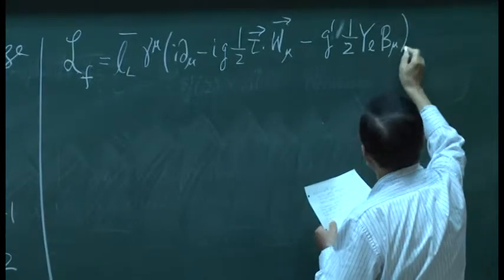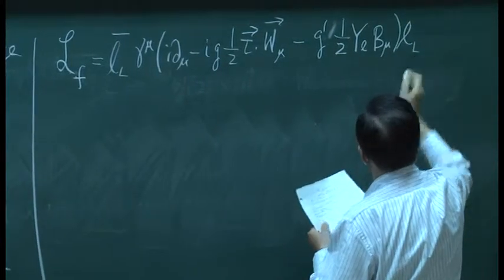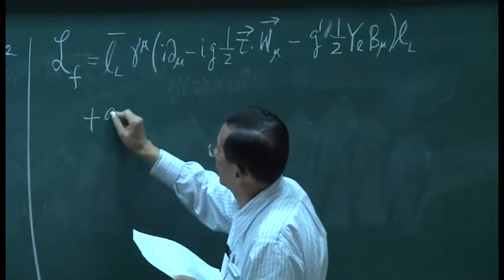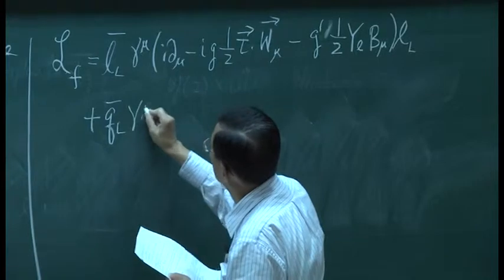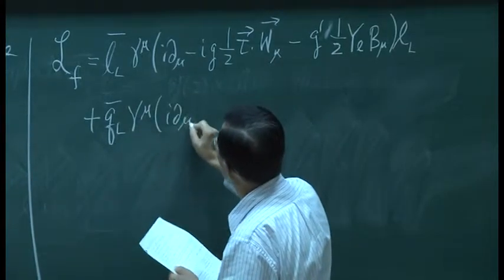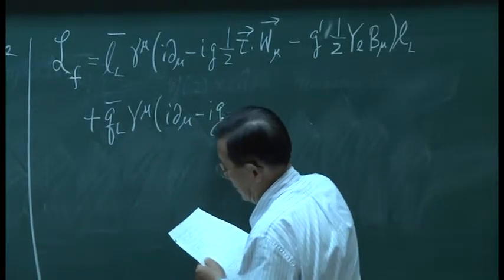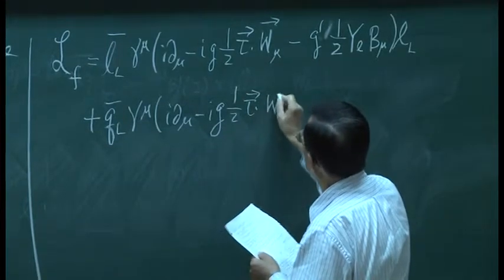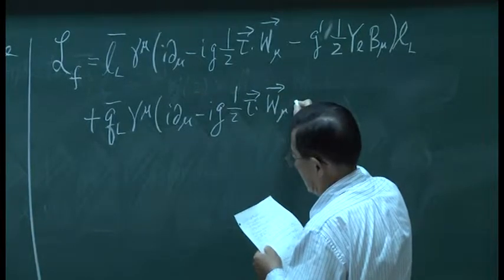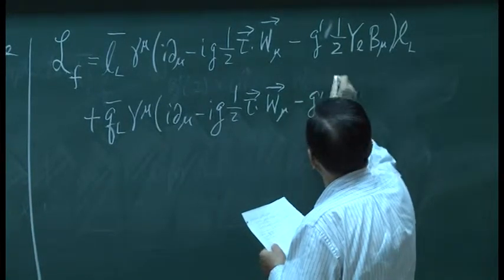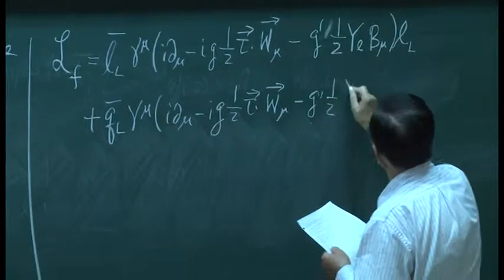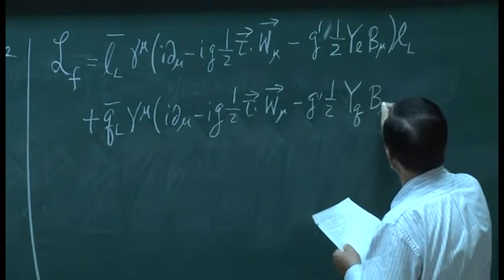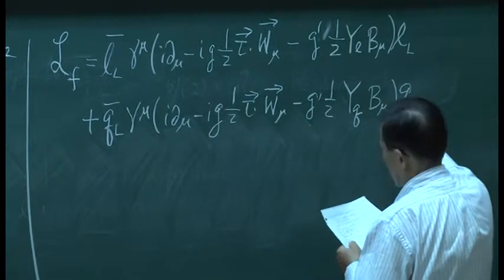And then I have L left-handed, okay? And the same thing here for the quark left-handed. I'll have tau dot W here, and then minus G prime 1/2, and you have a Y quark, and then P mu QL.